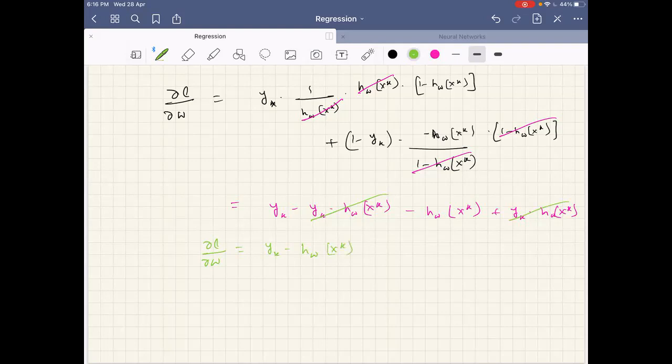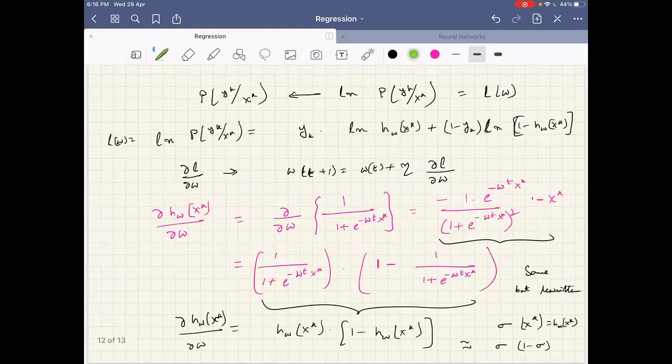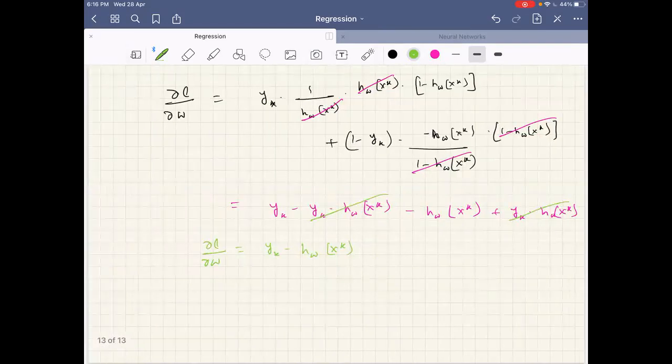Please also note that W is a vector, that's why we write here as an internal derivative, W transpose xk is xk, with negative sign, whatever we have here, right? And thus, given gradient ascent for the update of W, what we have is W equals Wt plus eta times yk minus HW of xk.